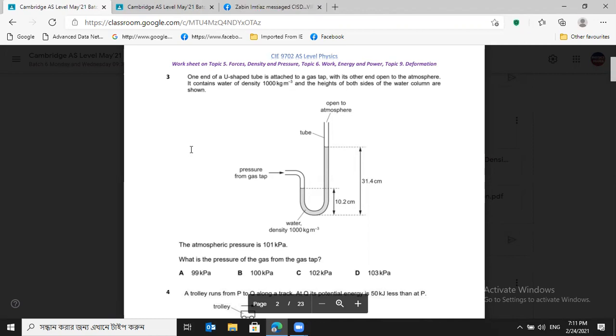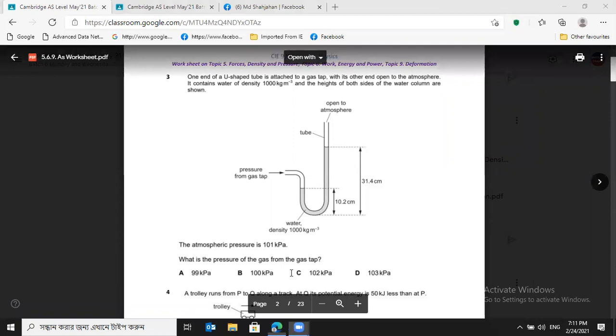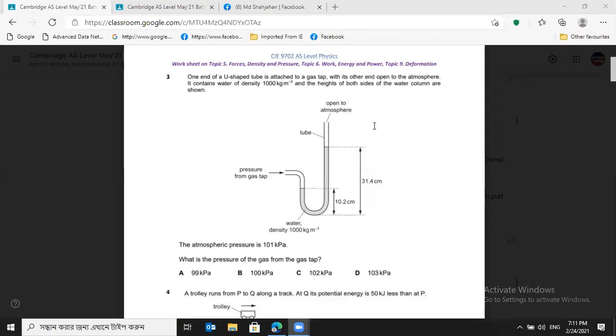Hello, Farhan. Oh, Farhan disconnected for a while. Sufyan, you read this one, question 3. One end of a U-shaped tube is open. Okay, read.